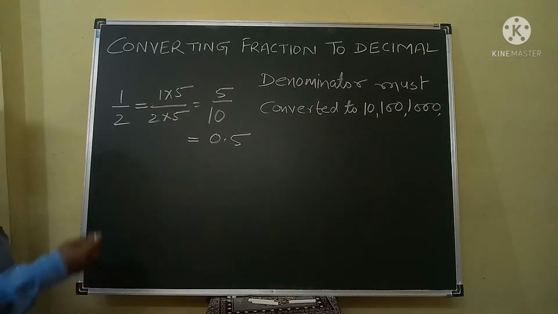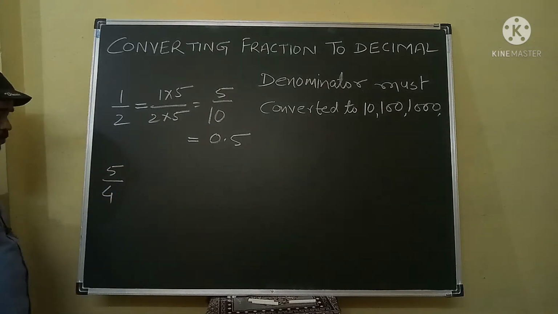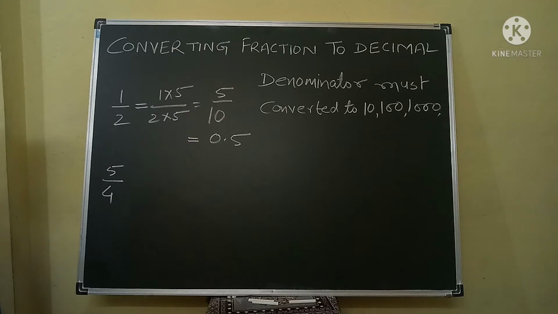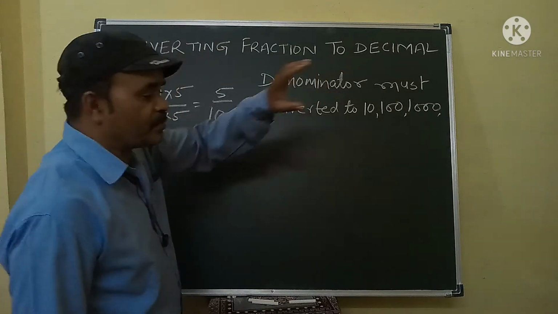Again, you have one more fraction. Suppose this is 5 upon 4. 5 upon 4 is one fraction, and how will we convert this fraction to decimal form?